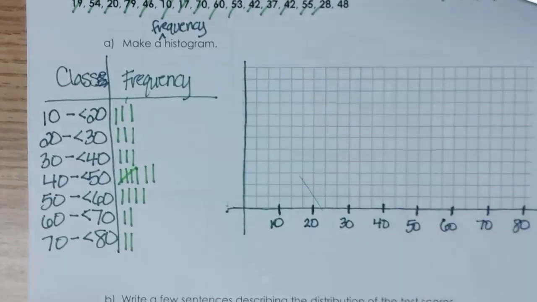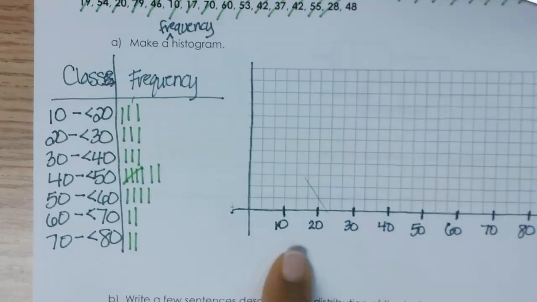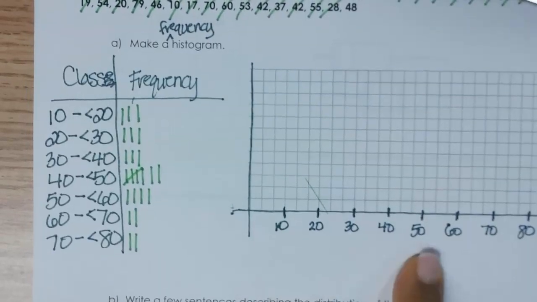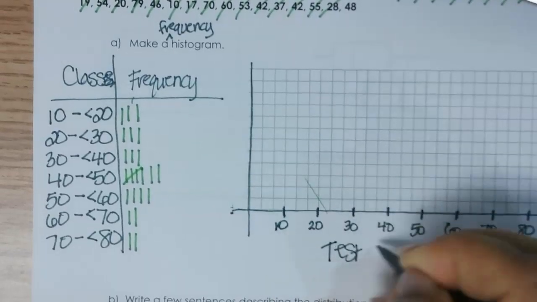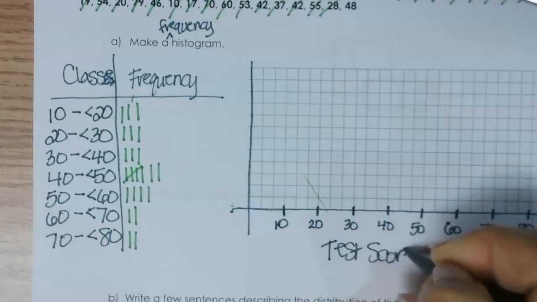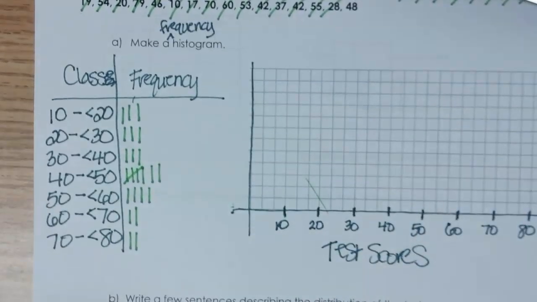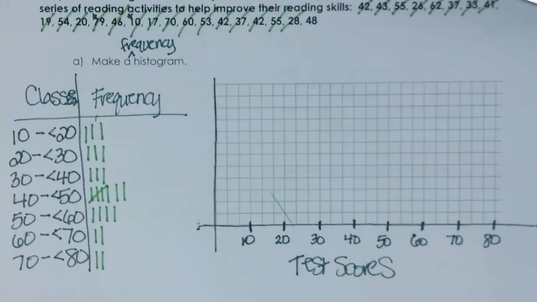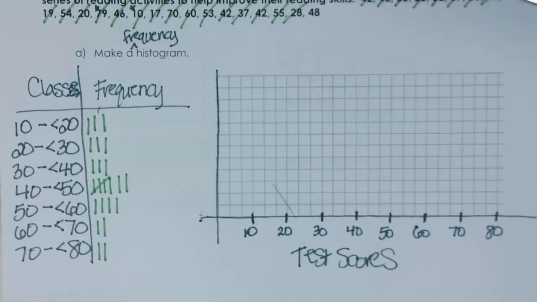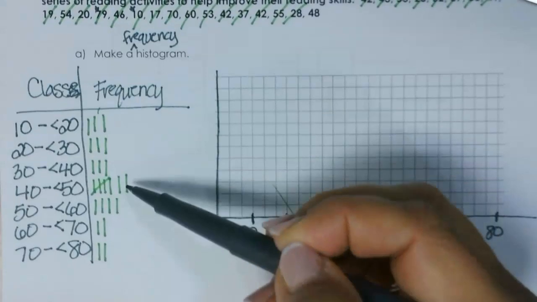Okay. And I would label these with the units. These are test scores. It didn't say if it was points or percentages. So I'm just going to label this down here, test scores. Okay. Now on the vertical axis, I see that I'm going up to 7.